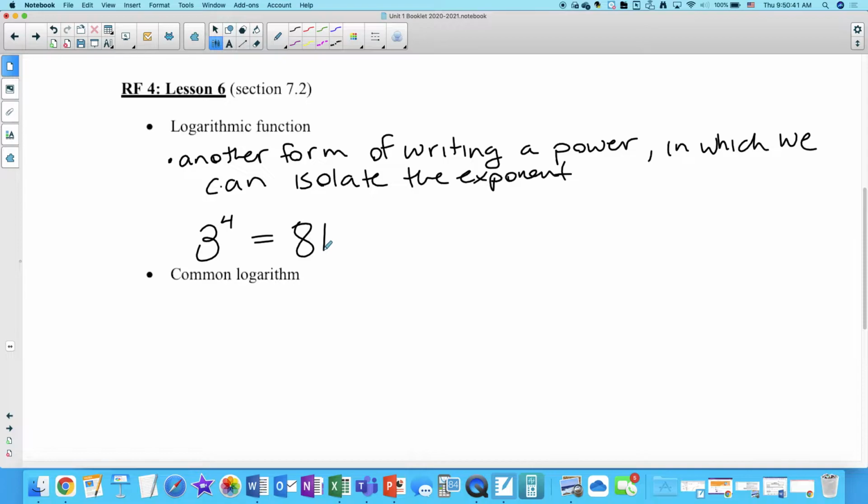So this is a power, it has a base, it has an exponent, and it's equal to a value. In logarithmic form, we would say the logarithm with a base of 3 of the value 81 is equal to 4.